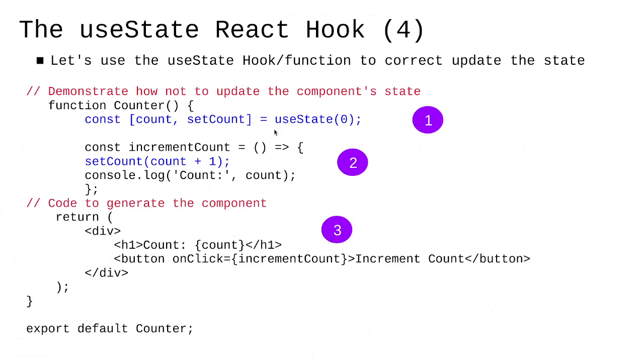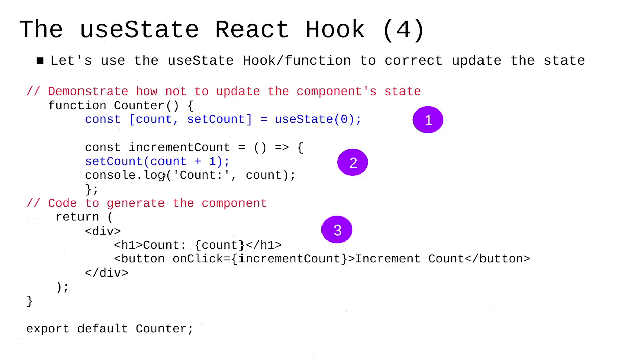Once I have this set up, I can use the setCount function to do the actual updating. Whenever I want my count, my state, to change, I call the function, and the argument I give it is what I want count to become.